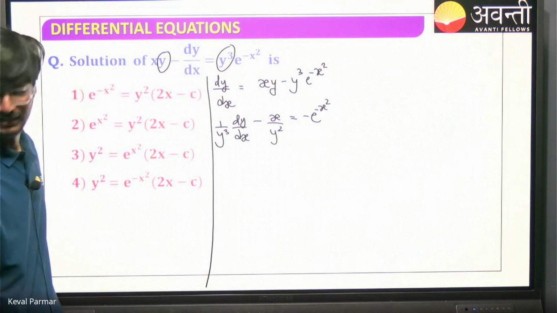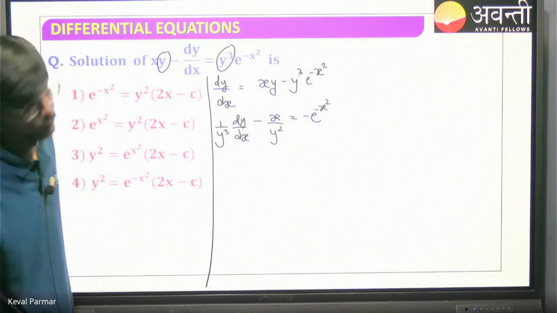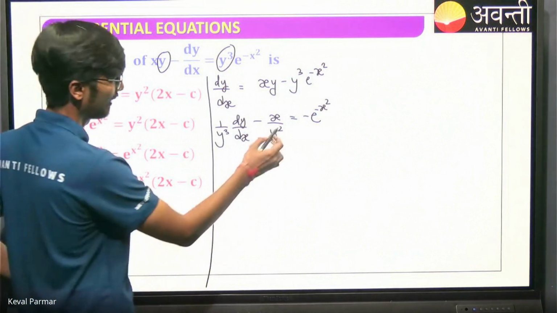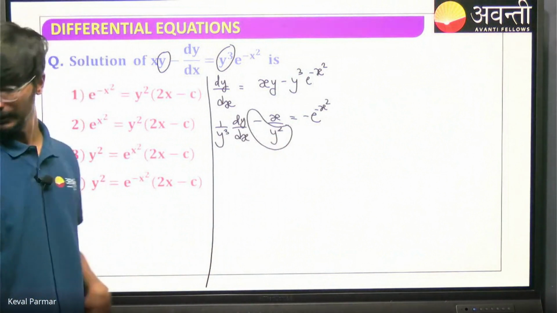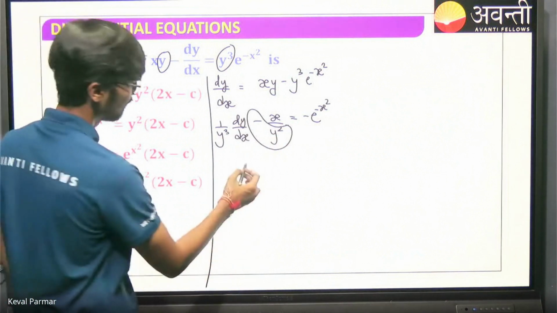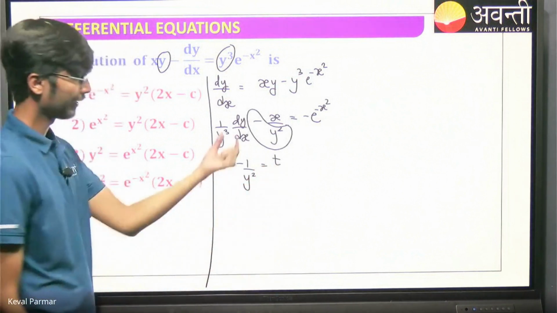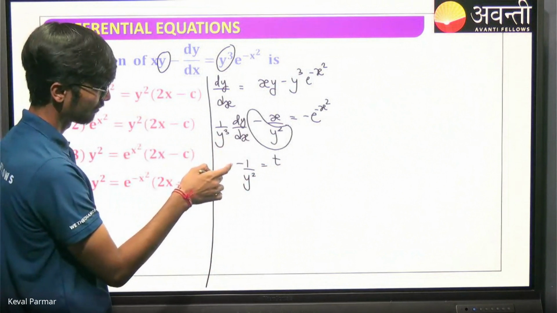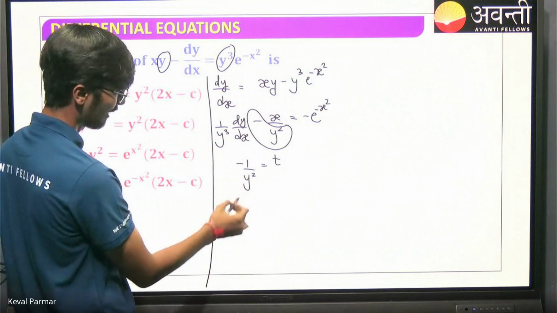So now you can see which one to put t. Yes, y cube, super. The one with x is to be put as t. Which one is with x? Minus 1 by y square. So if I put minus 1 by y square equals to t, differentiate with respect to x. Please remember, this is y raised to minus 2.